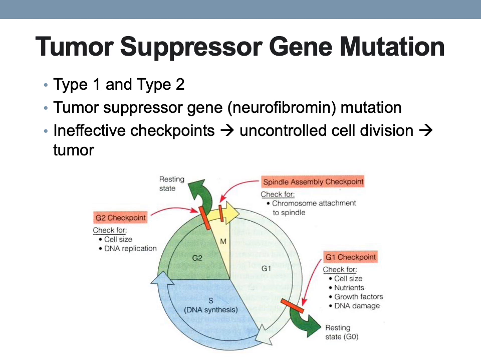Well, these checkpoints are monitored by tumor suppressor genes, where the gene says, okay, you're growing and you're growing at a good rate. I'm going to let you continue on. If it decides that the cell is growing too fast, as in the case of a cancer cell, it'll stop the cell at that point and not allow it to continue to grow.